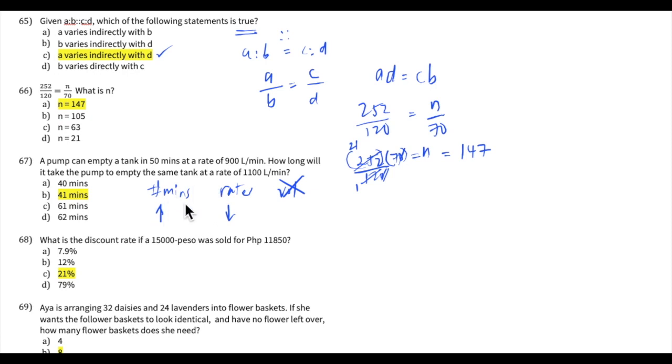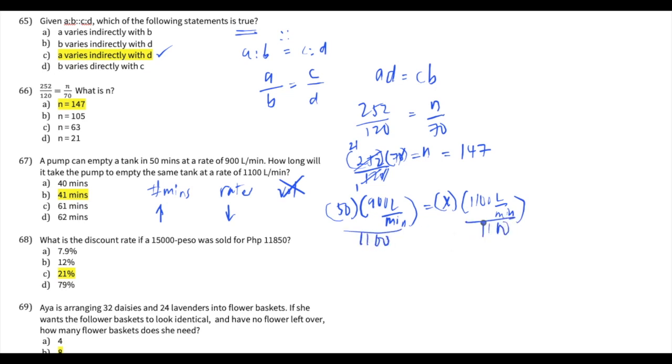And kapag indirect, we multiply these two variables. Okay? So, we have 50 minutes kapag 900 liters per minute na rate. That's equal to how long will it take? So, di natin alam yung number of minutes times 1,100 liters per minute. Okay, so ang x natin dito, divide lang natin both sides by 1,100. Cancel yung zeros.